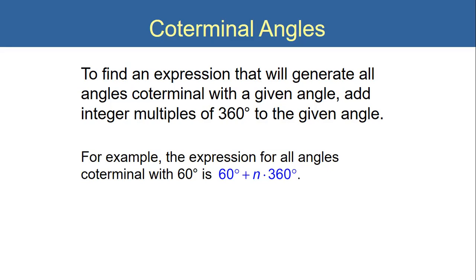So when you're looking for coterminal angles, if my coterminal is 60 and I wanted to find one greater than 360, it's just how many times am I going to rotate from that 60, right? Let's say you're at 60.